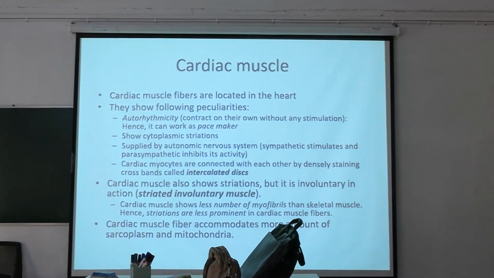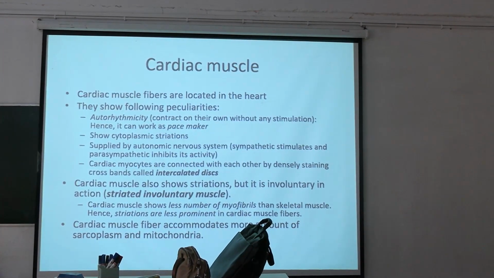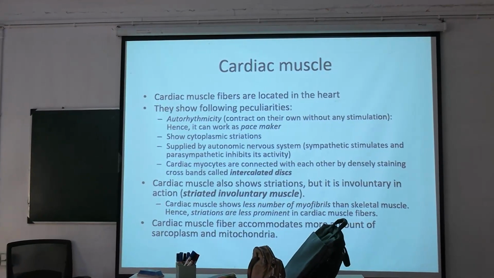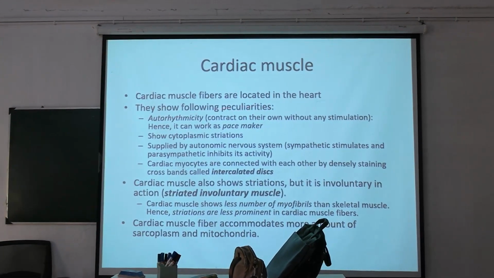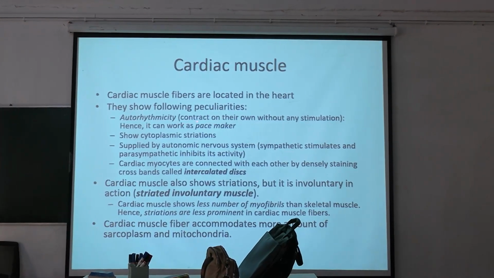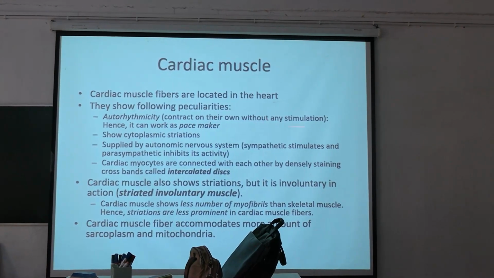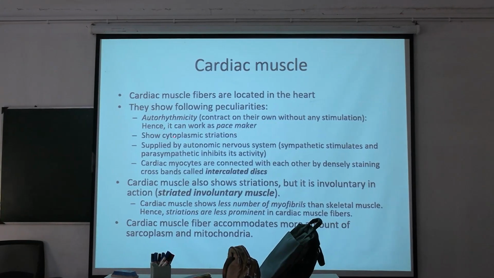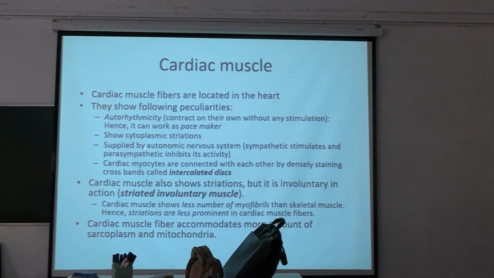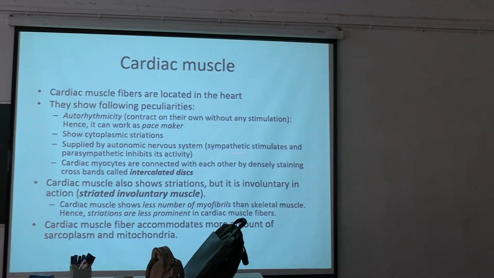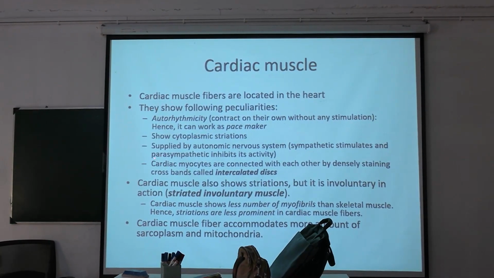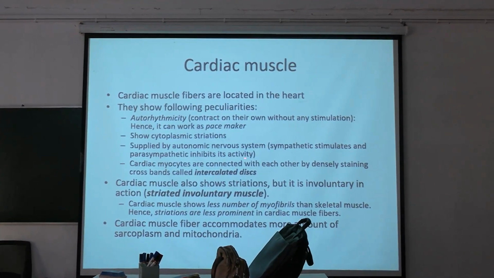Now, cardiac muscle. The cardiac muscle fibers are located in the heart. They show the following peculiarities: auto-rhythmicity, contraction without any stimulation, hence it can work as a pacemaker. It shows cytoplasmic striations and is supplied by the autonomic nervous system. Sympathetic stimulates and parasympathetic inhibits.